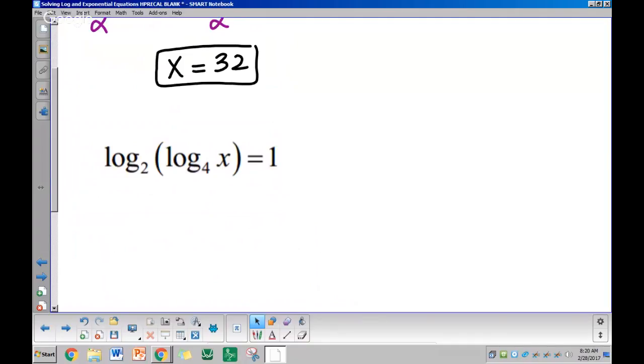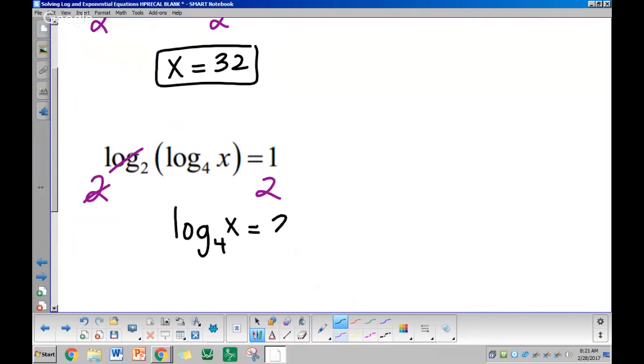So we're going to work outside in, and exponentiate using the outside base, which is 2. We raise 2 to both sides, and these cancel because they're inverse operations, and then we get log base 4 of x equals 2.